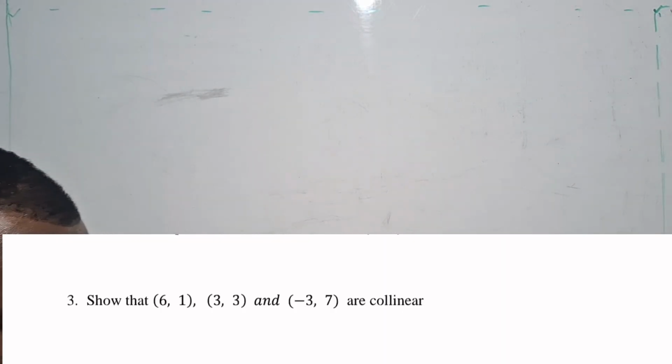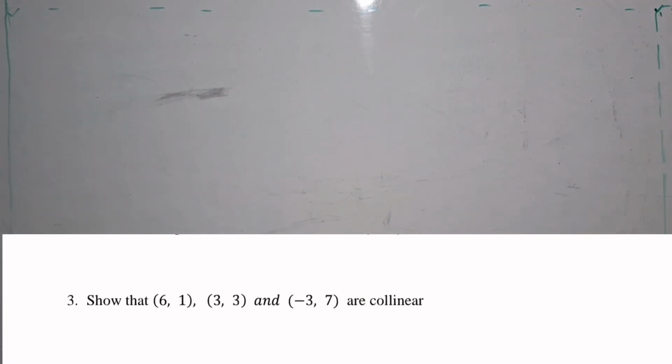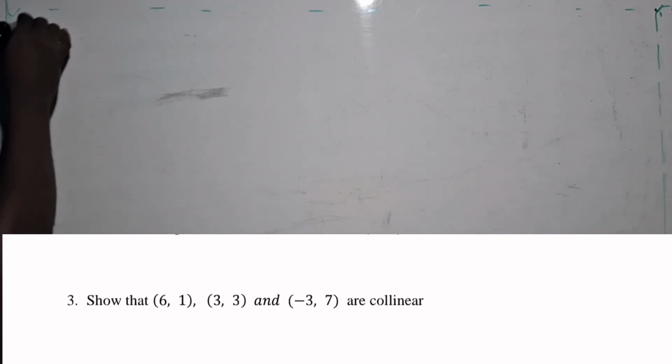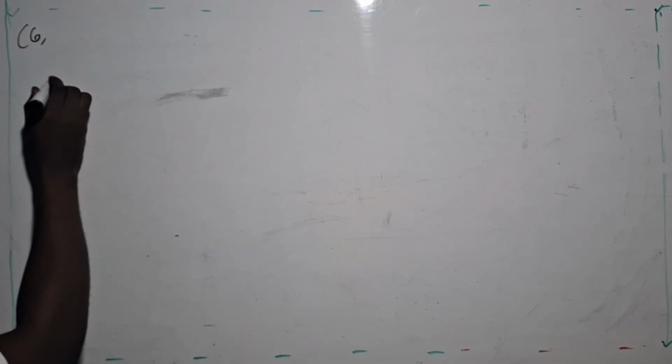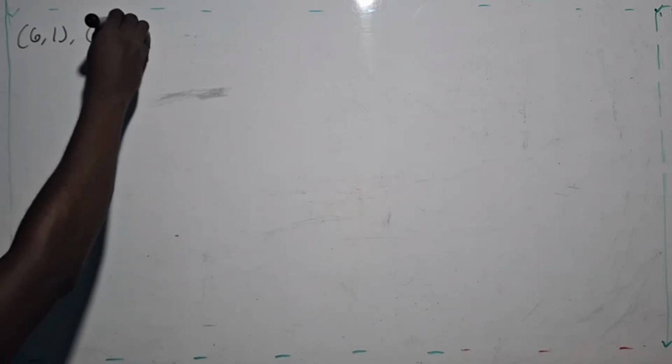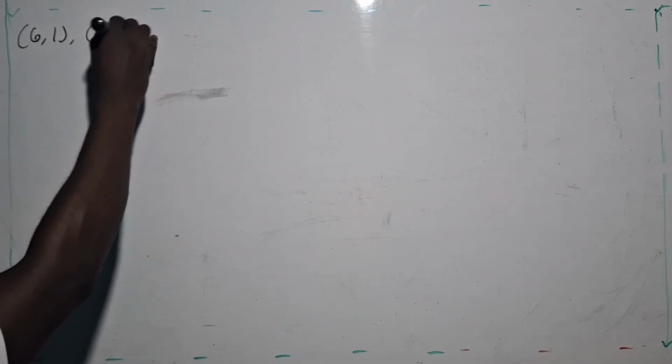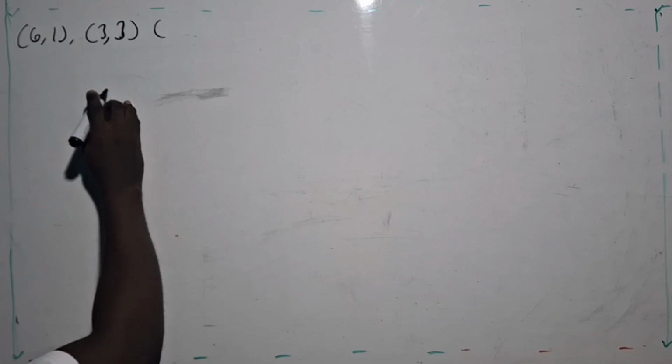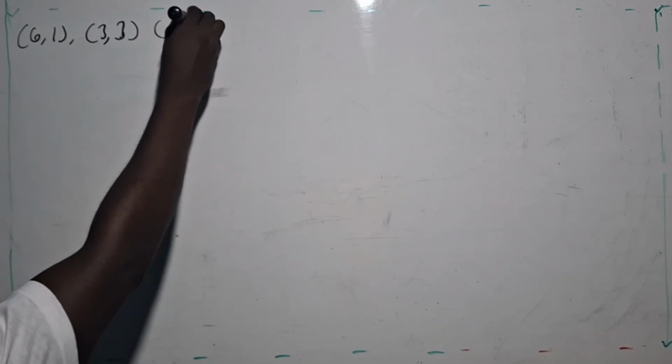So our question says, show that (6, 1), (3, 3) and (-3, 7) are collinear. So as we know, (6, 1), (3, 3), then (-3, 7).